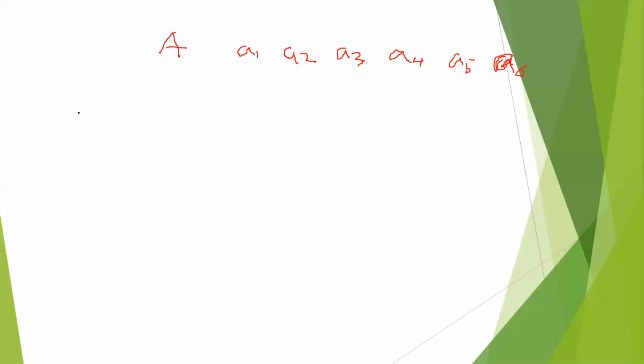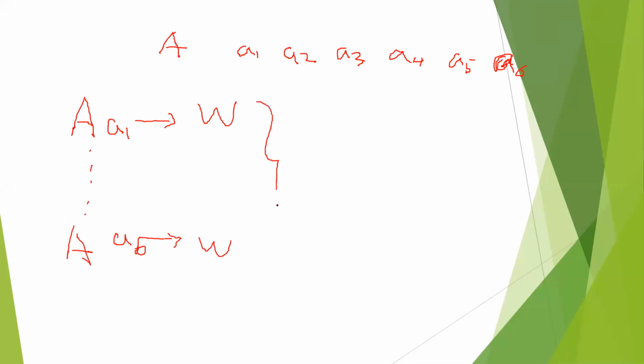Now, if the heterozygous has a wild type allele, no matter which recessive allele appears here, this will give you the wild type phenotype. So this will give you just one phenotype, wild type.